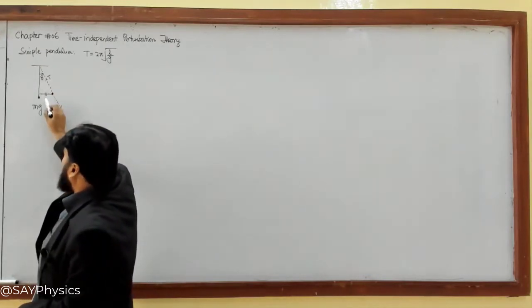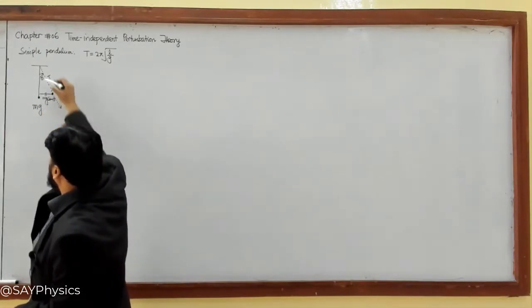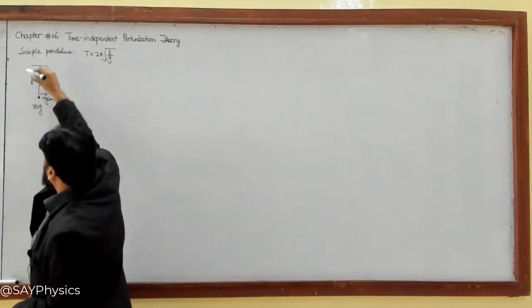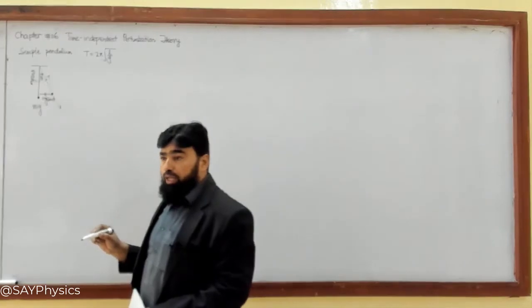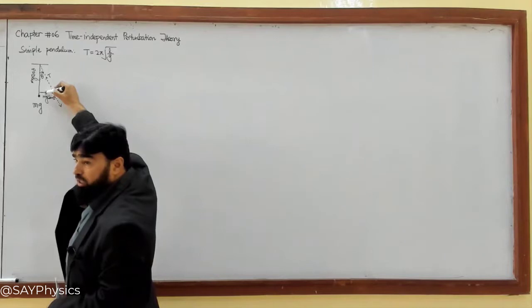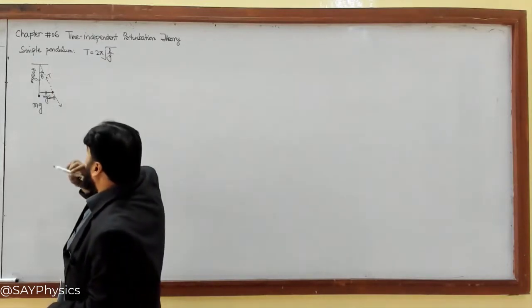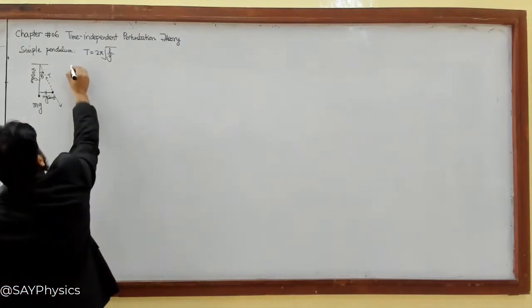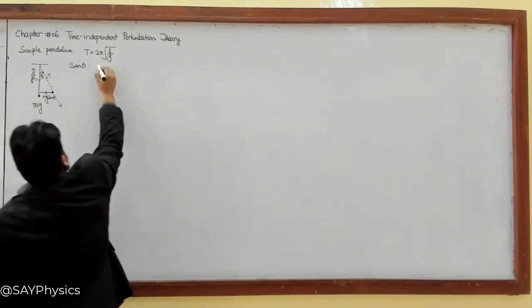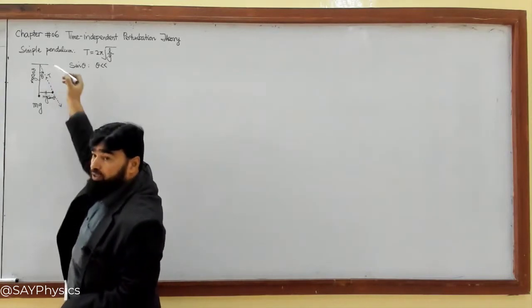So this makes two components. This one becomes mg sin θ, and this one becomes mg cos θ, meaning the horizontal component and the perpendicular component. Now, you will remember that we apply the approximation for theta very small.